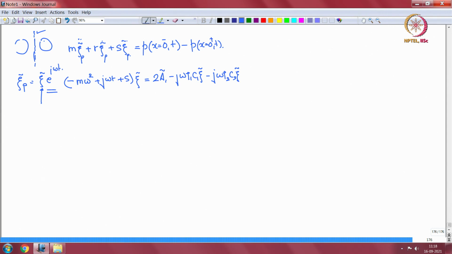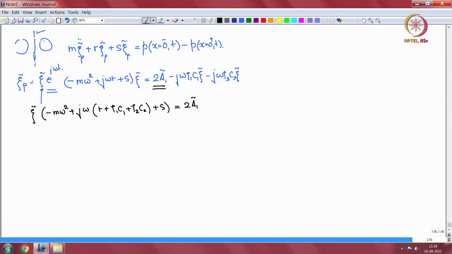So if I keep only a1 on one side, I get xi tilde times minus m omega square plus j omega r plus rho 1 c1 plus rho 2 c2 plus s is equal to twice a1 tilde.